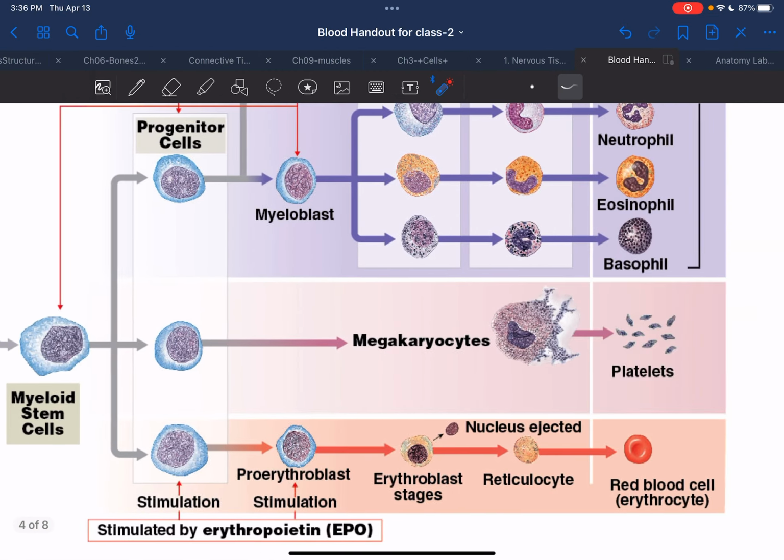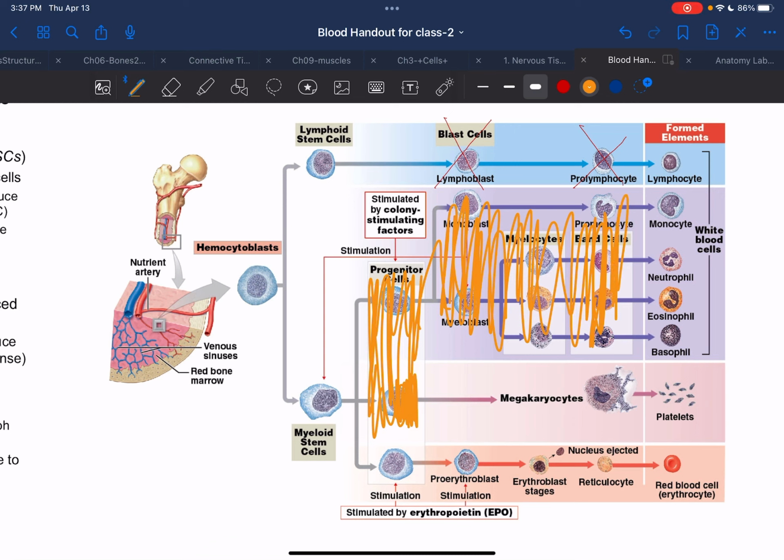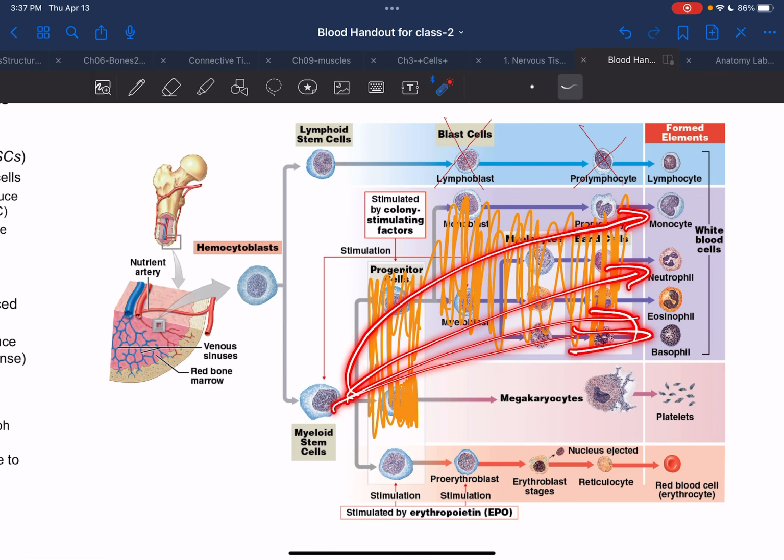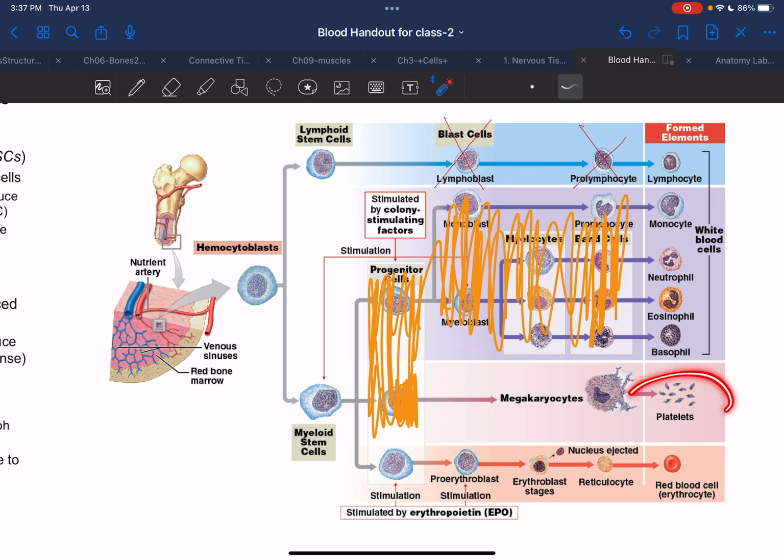For everything in this purple box, up to here, you do not have to know this. Try your best to mark that on your papers. What you just need to know is that myeloid stem cells give rise to monocytes, neutrophils, eosinophils, and basophils. And don't forget about our platelets. This one we must know.